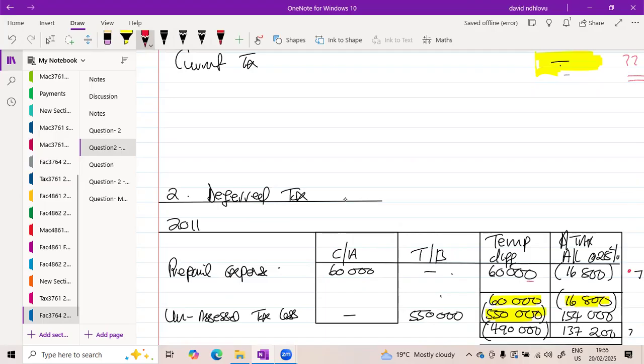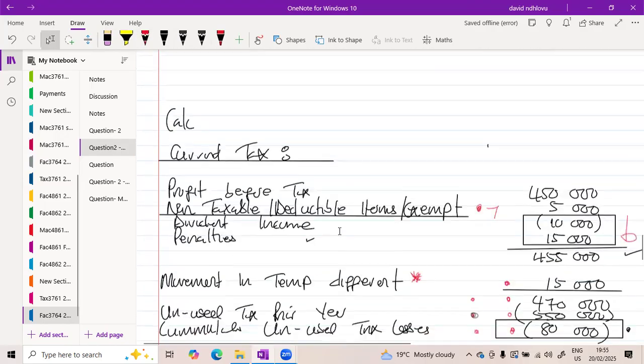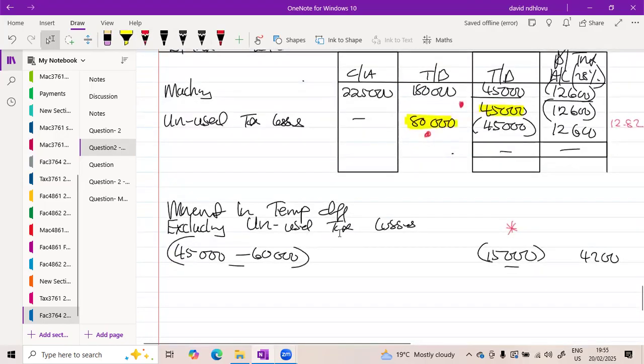So if that is the case, then the recognition of that amount will be limited. We can't recognize the full 80,000. However, a positive amount here means that you are guaranteed 45,000 taxable profits in the future. So this amount will only be limited to whatever you are having there. You understand it? And you're done.